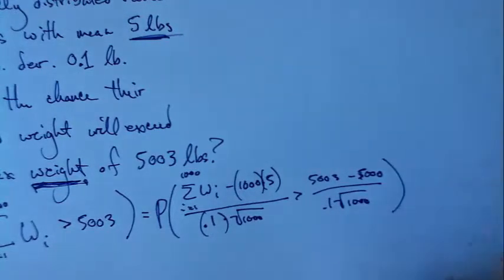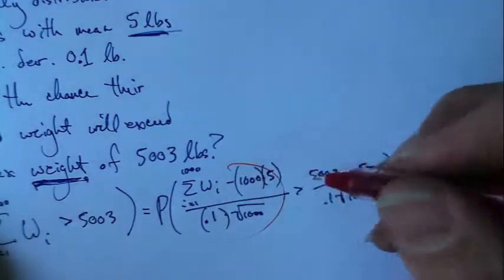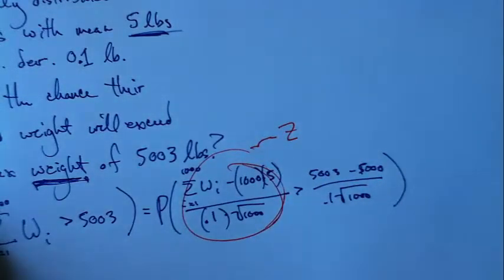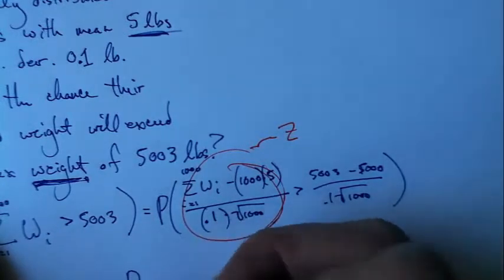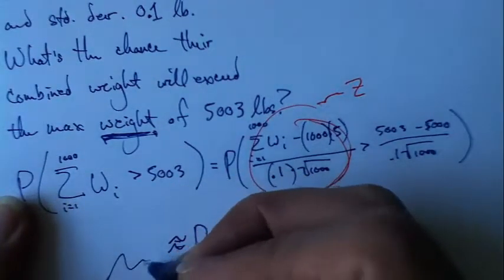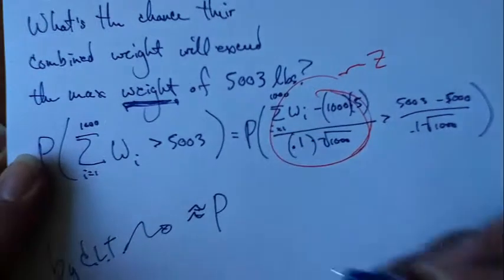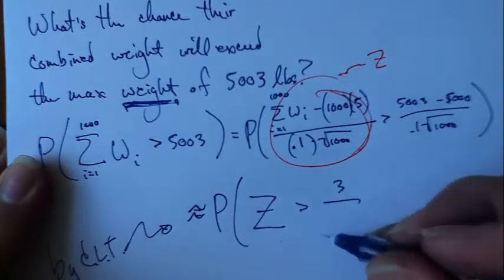Now all of this stuff is behaving like a standard normal, approximately by the central limit theorem. So this is approximately the chance that a standard normal exceeds 3 over 0.1 root 1,000.